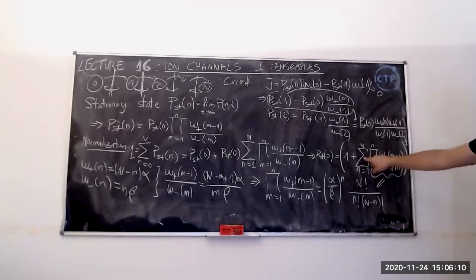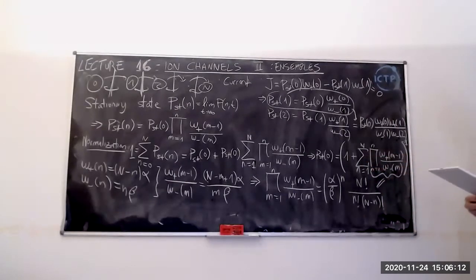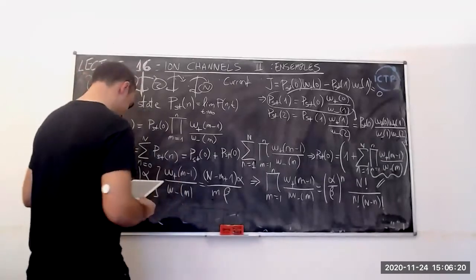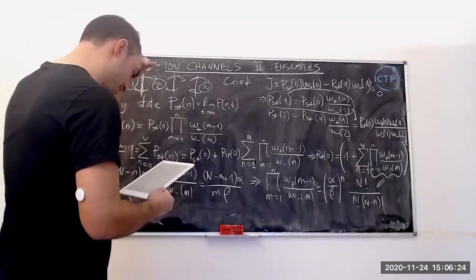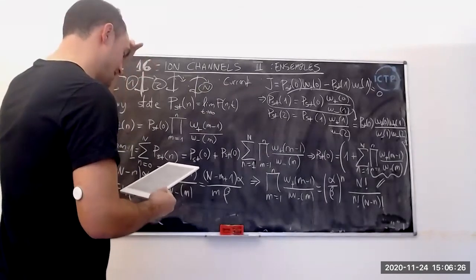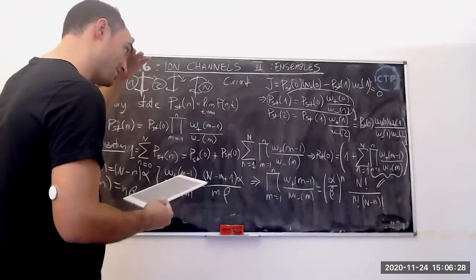Okay, but then I have the sum. So when I go through this, what I find mainly, okay, give me a second because I have to remember this. Then you have this product, and then you have the sum.